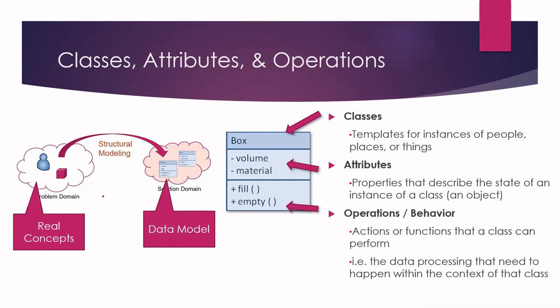So when you map the concept from the real world into the data model, you just capture the aspects that are important for that system. And we'll talk about the data aspects. The data aspects of the system are the attributes, and any processing that happens on this data are the methods.